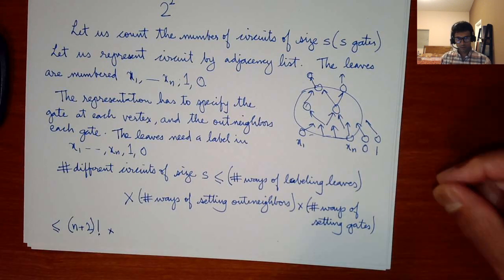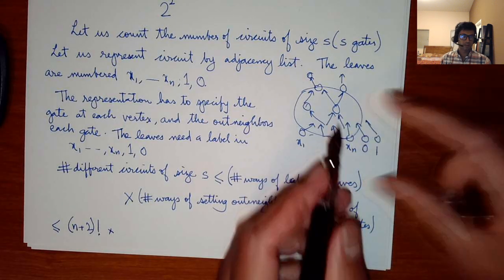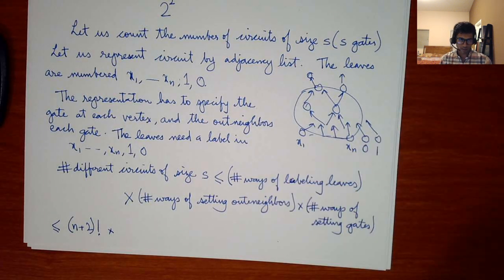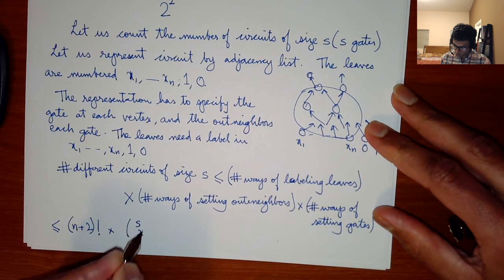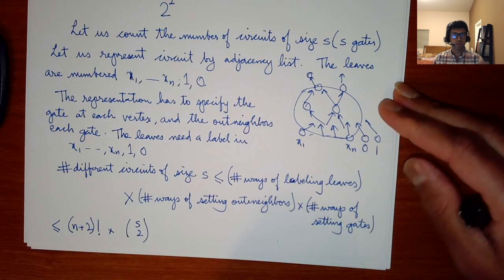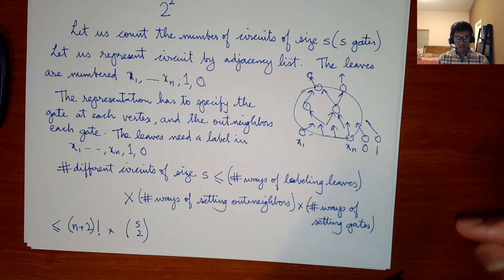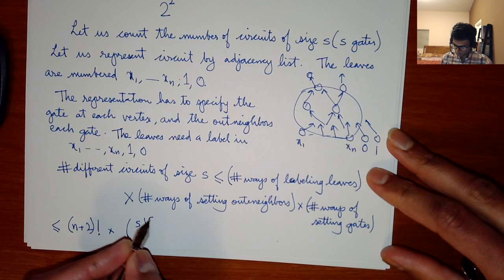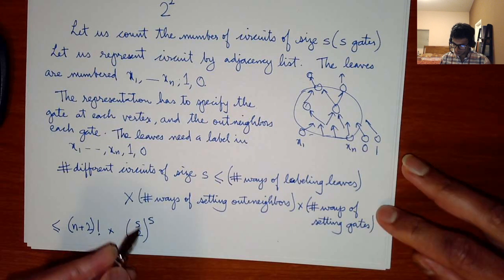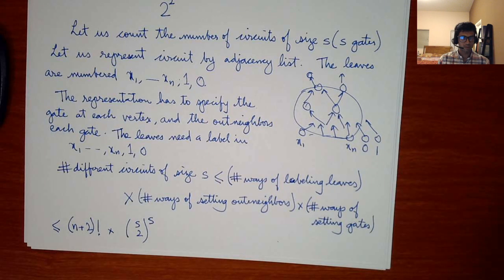Each vertex picks 2 out neighbors, because that's the out degree, so that's S choose 2 choices for each vertex, to the power S. S choose 2 is the number of choices to pick the 2 out neighbors, and you take it to the power S.